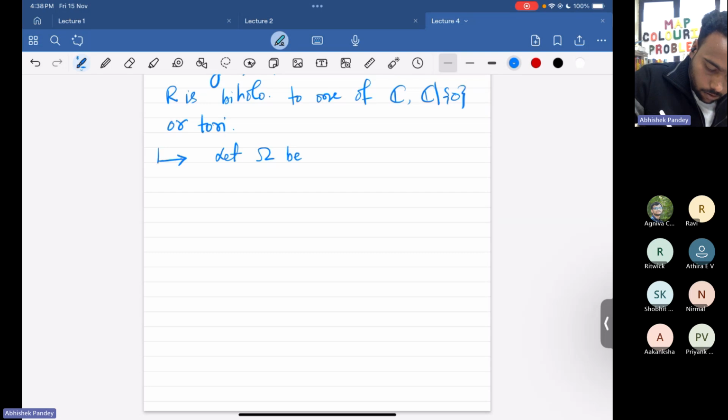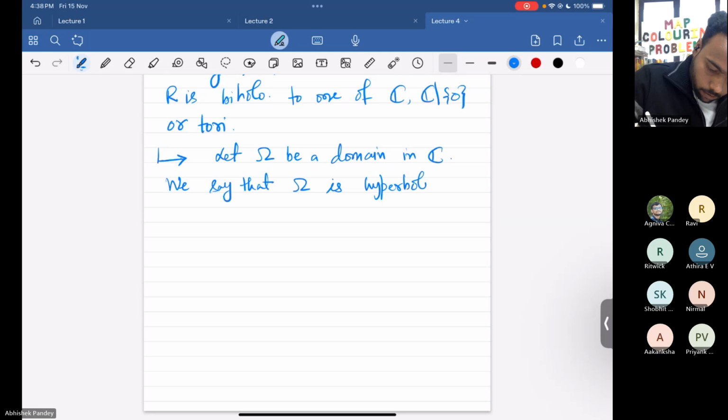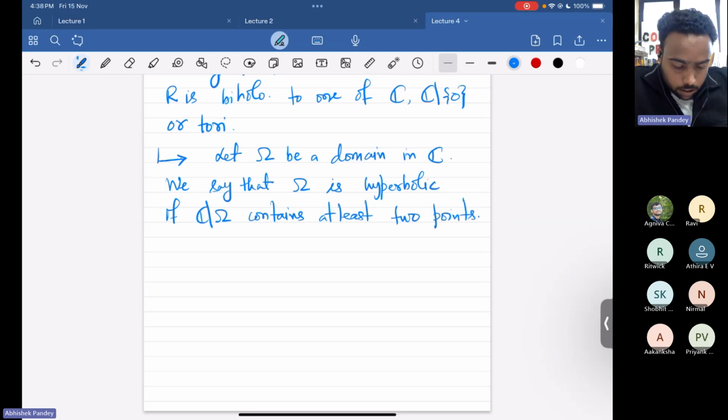Let omega be a domain in C. We say that omega is hyperbolic if C minus omega has at least 2 points. So basically for any such omega, we have a locally biholomorphic map from the unit disk.